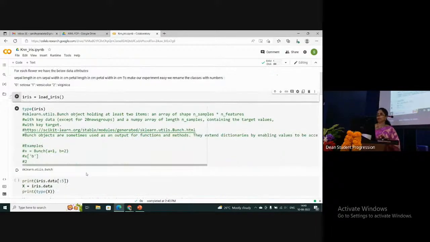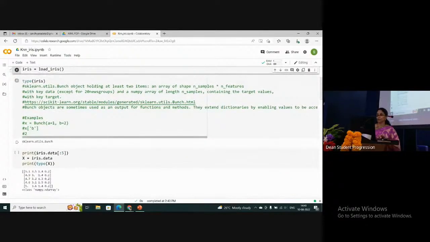Bunch is something like a dictionary style. So how is your Iris data set arranged? Like Bunch with A equal to 1, B equal to 2, X equal to Bunch of these. So when I say X of B, it is going to give me the value 2. When I say X of sepal width or sepal length, we are going to get the value. So what is the data type of your Iris data set?